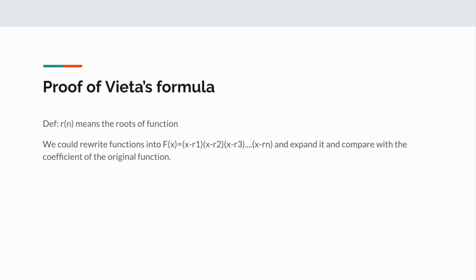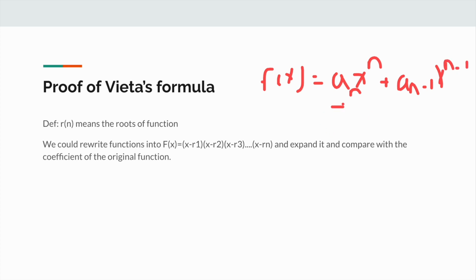So how do we prove those Vieta's formulas? To prove them, we basically apply the law of factorization to factorize the original function f(x) equals an x to the n plus a(n-1) x to the n minus 1, added up until a0. We factorize the function into f(x) equals an times (x minus r1) times (x minus r2) times (x minus r3) until (x minus rn).